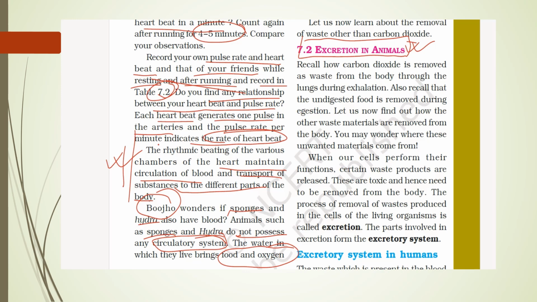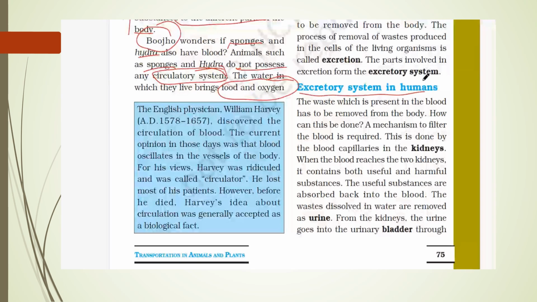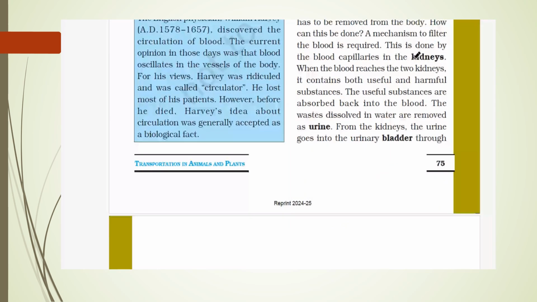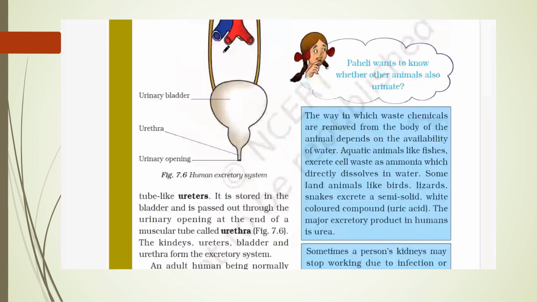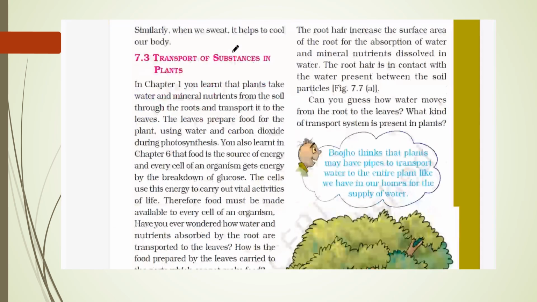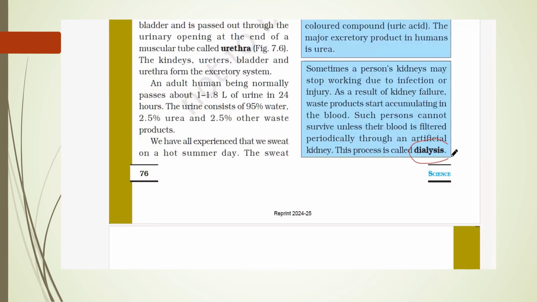In the next class we will discuss excretion in animals, the excretory system in humans. We will discuss the kidney, urine, urinary bladder, the full urinary system diagram, the excretion process, and dialysis, and what we do when the kidney is not working properly.